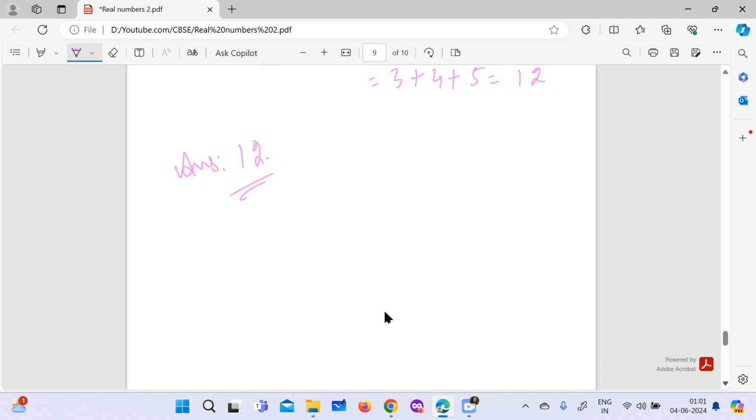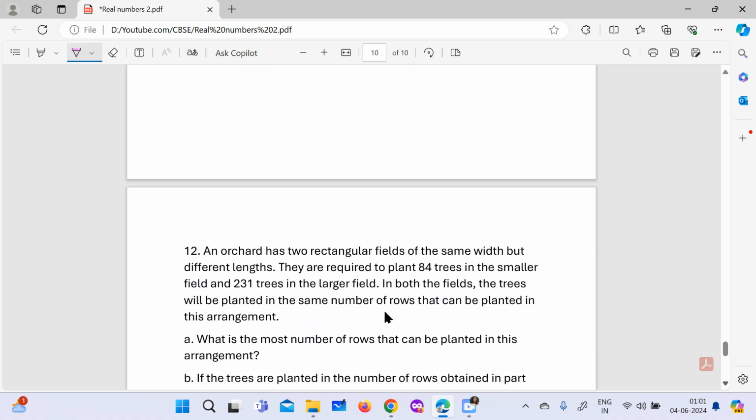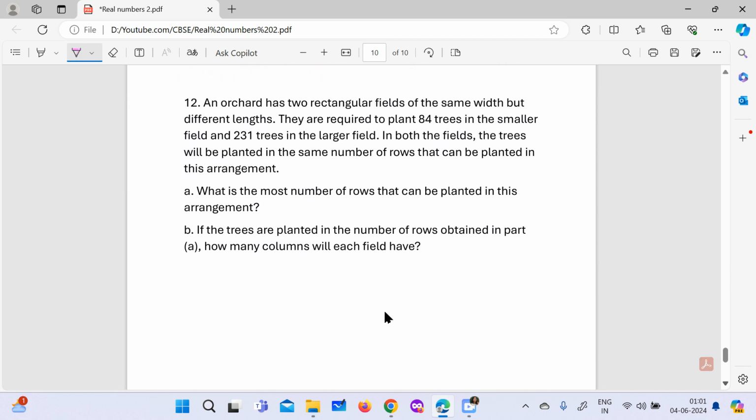Now we go to the next question. I guess this is the last one now. An orchard has two rectangular fields of the same width but different lengths. So the fields have the same width, but the lengths are different. Now they are required to plant 84 trees in the smaller field and 231 trees in the larger field.